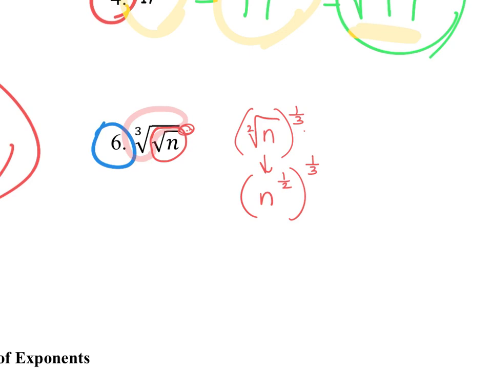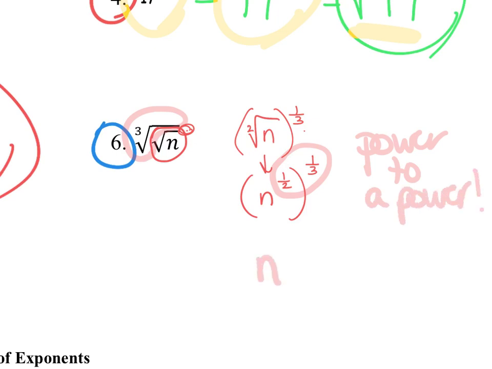So when you have an exponent raised to an exponent, remember what you do here. This is power to a power. You multiply them, and this becomes n to the 1/6 power, okay? 1/2 times 1/3 is 1/6.